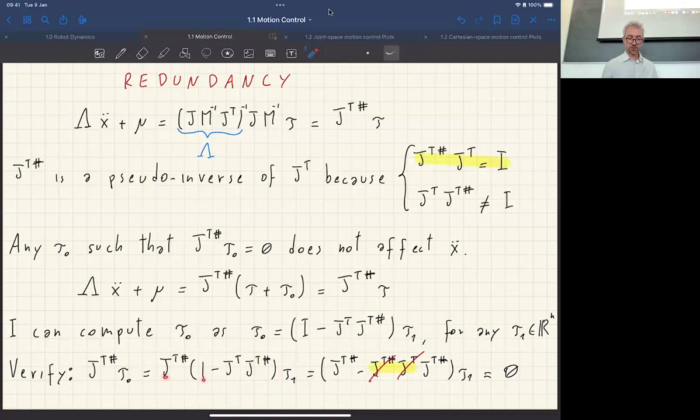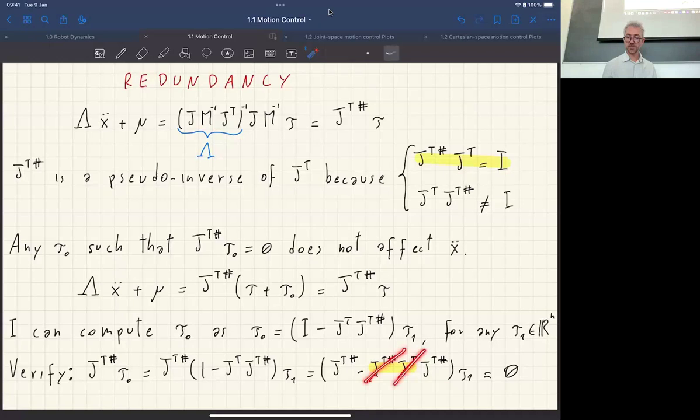We do the multiplication, so J transpose pseudo inverse times identity is J transpose pseudo inverse. The second term gives me this expression here. And now the only property that I need to exploit for simplifying this is that property we had written down above. So the fact that J transpose pseudo inverse times J transpose is equal to the identity.